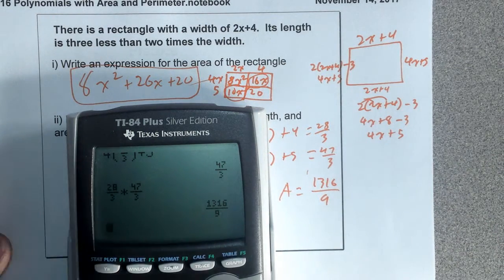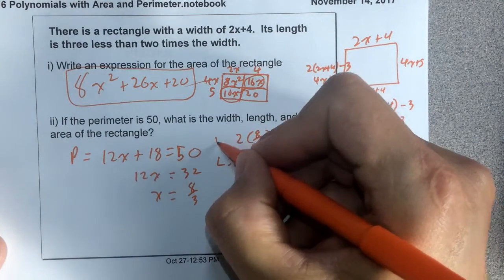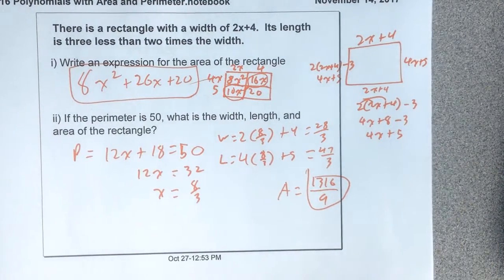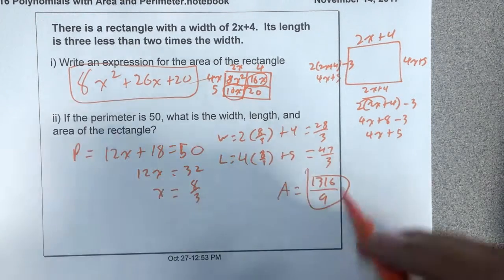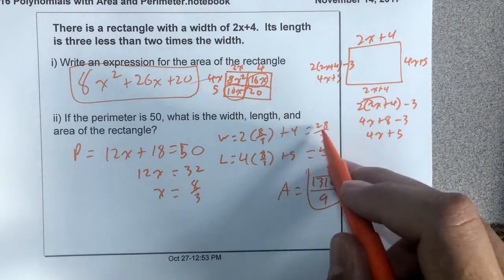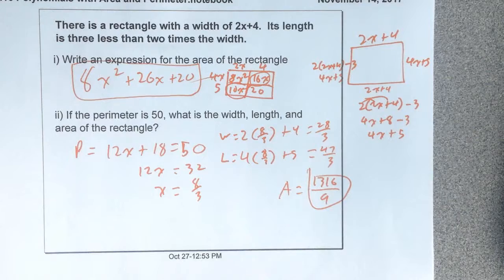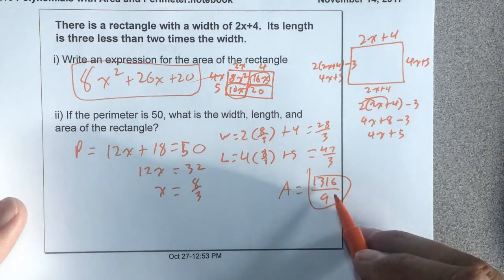Okay, so that was the area right here. So width is 28/3, length is 47/3, and area is 1316/9.